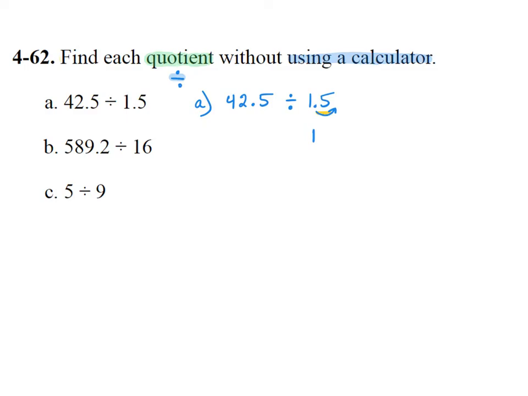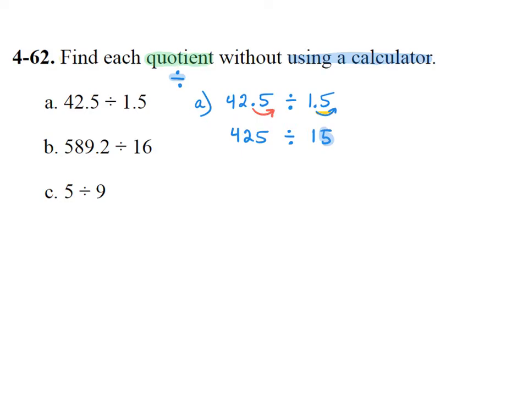So when you have 15, we moved it once to the right. That means we have to do the same thing to the other number, and our number became 425. So our long division became 425 divided by 15.